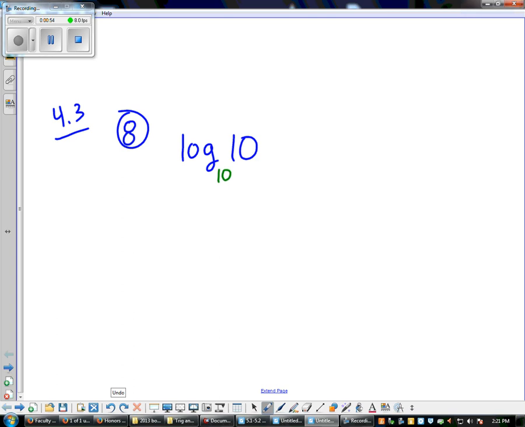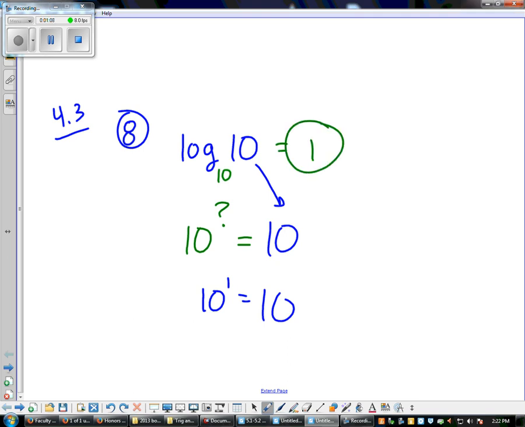So this question is really saying 10 raised to what power gives you 10, right? And the answer, of course, is 1, because 10 to the first is 10. So your answer for problem number 8 is just 1.